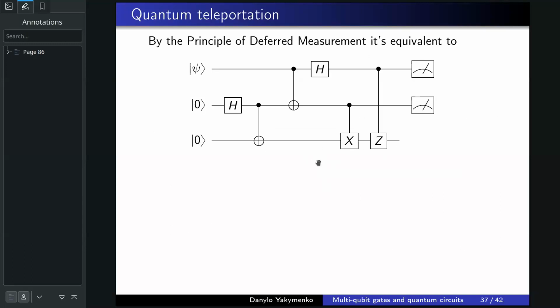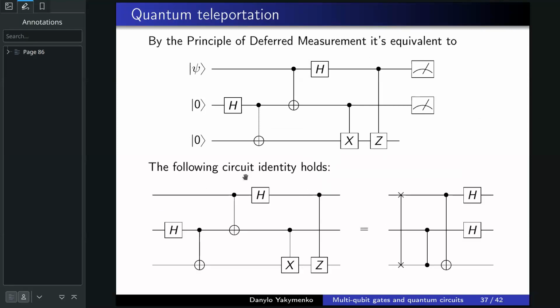Okay, now next we use the following circuit identity. In fact, this inner part, this inner gate, is some 3-qubit gate. So this is actually a matrix of size 8 by 8.